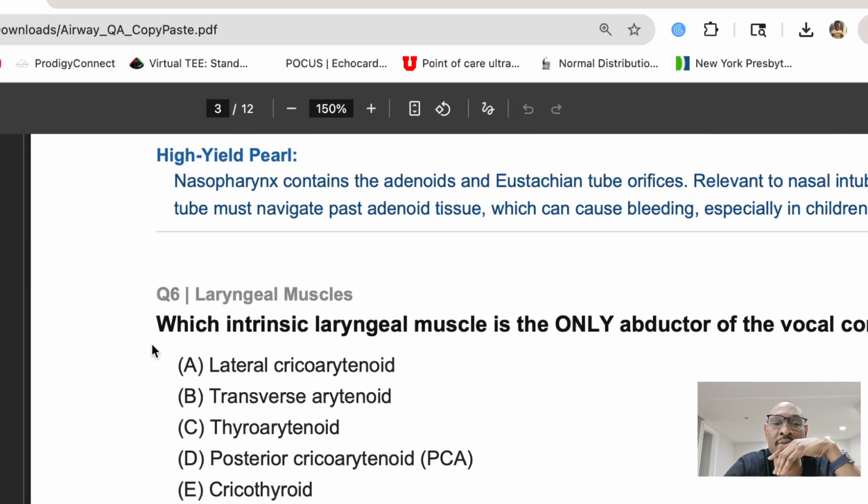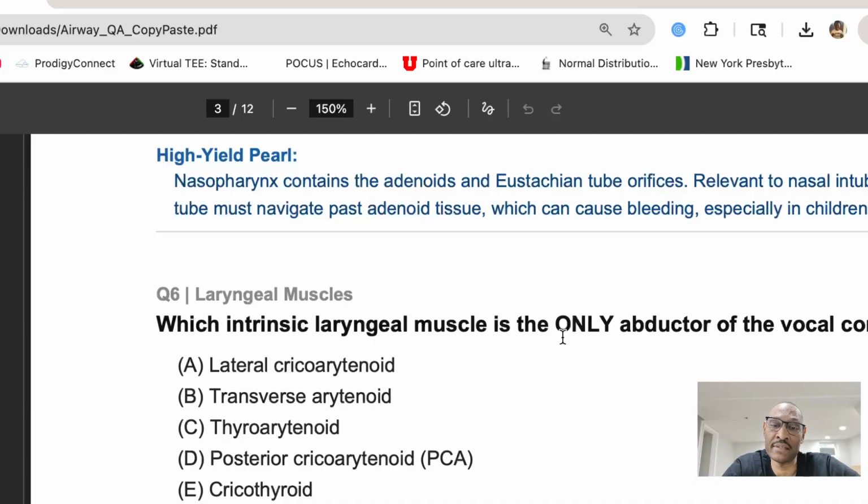Okay, next one. Which intrinsic laryngeal muscle is the only abductor of the vocal cords? Okay, so the way I memorized this years ago was: abduct, taking something to the back. Another word for back is posterior, right?